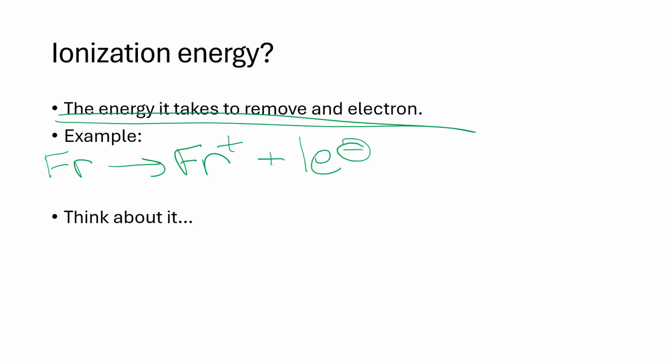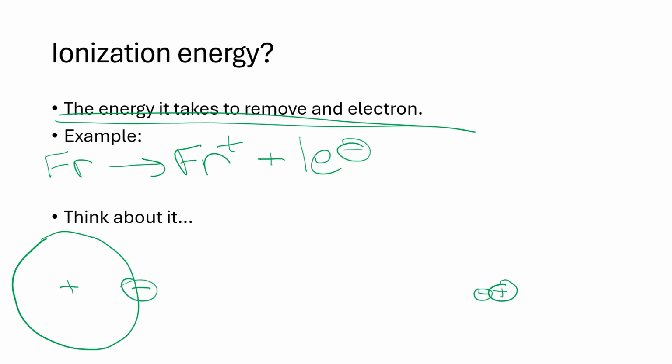Since it wants to form a +1 charge, it probably won't take a lot of energy. The way to think about this is, francium is the largest, helium is the smallest, and we have protons in the middle and electrons on the outside.